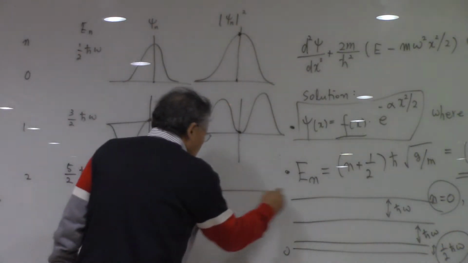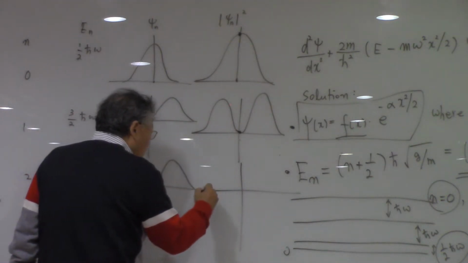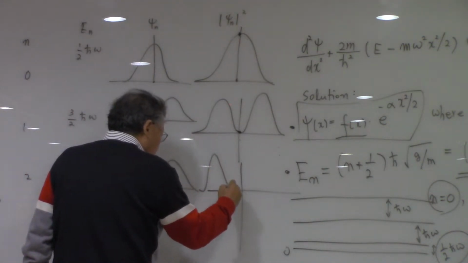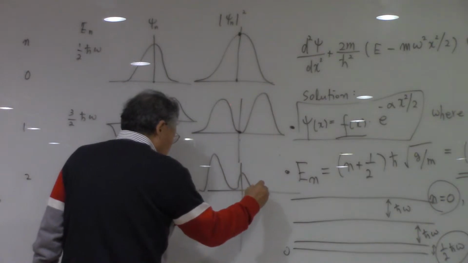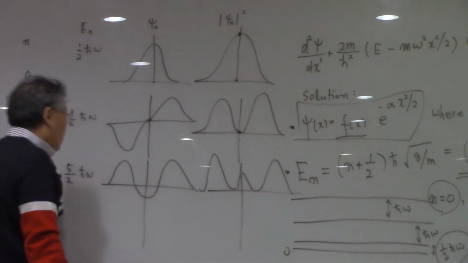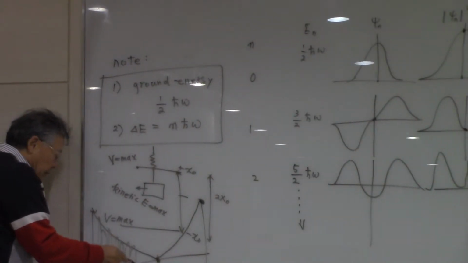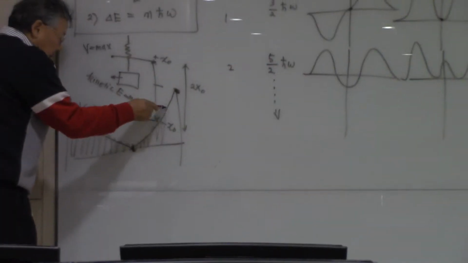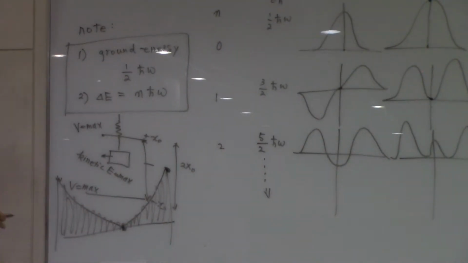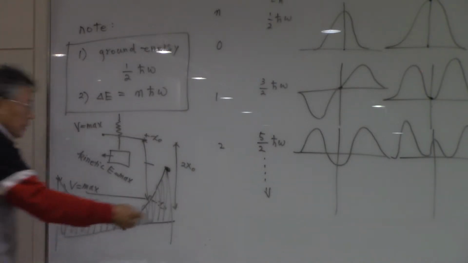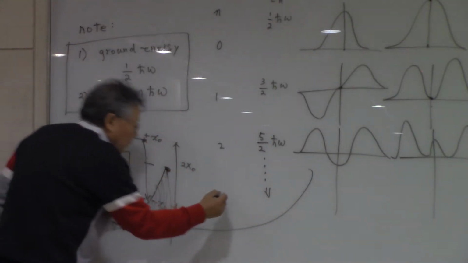And then the probability of finding this particle now becomes something like this. So when it's excited more and more, the probability of finding a particle approaches the classical theory. So we call this the correspondence principle.